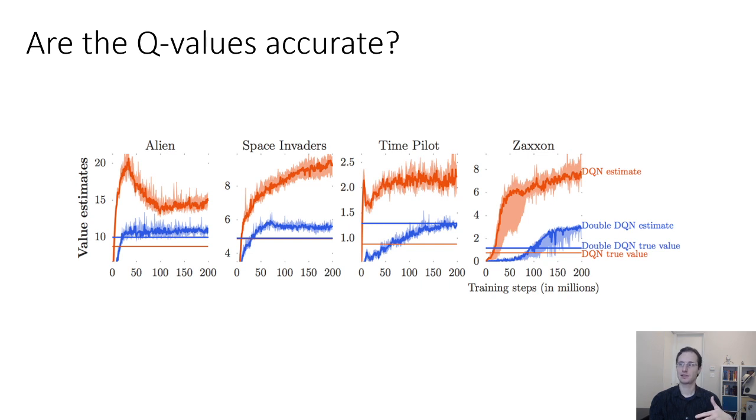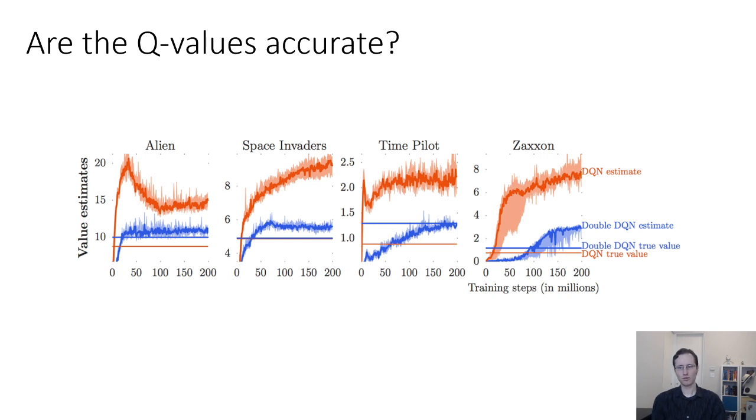The solid flat line represents the actual sum of discounted rewards that you're actually getting when you run that policy. And what you're seeing here is that the Q function estimates are always much, much larger than the actual sums of discounted rewards that you're getting. And that seems kind of strange.